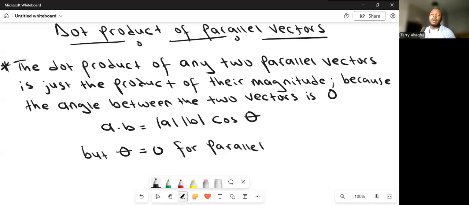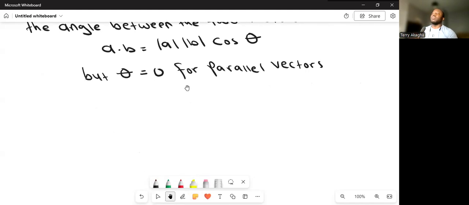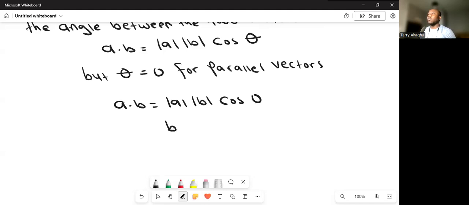When I was talking about the overview of parallel vectors, I also mentioned that there is no angle between two parallel vectors, okay? So when we know that, we can now say A dot B is going to be equal to the magnitude of A, the magnitude of B cos 0, but we know that cos 0 is equal to what? 1. We talked about this in trigonometry.